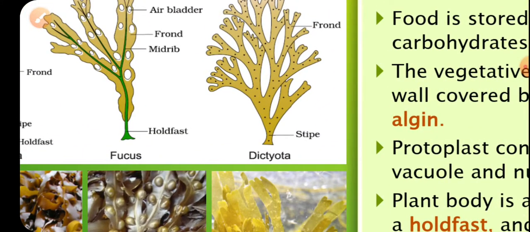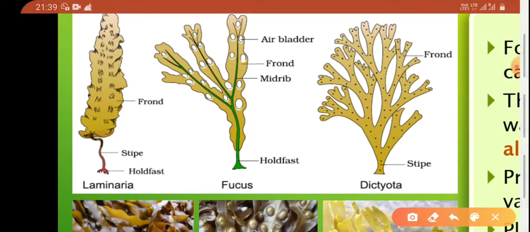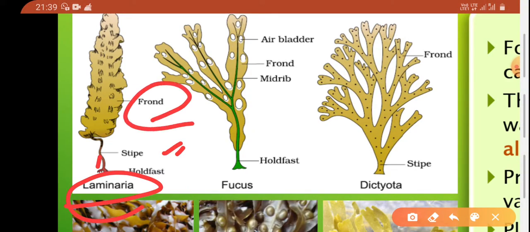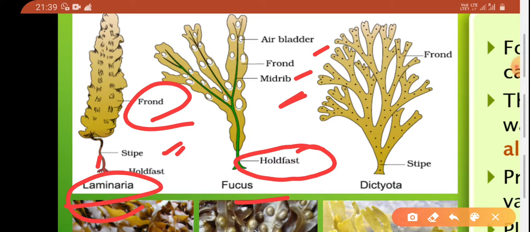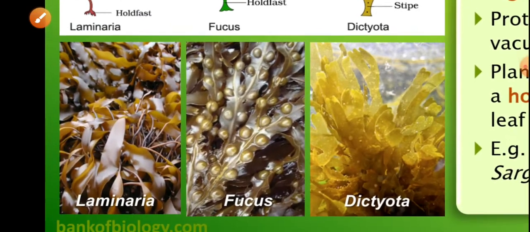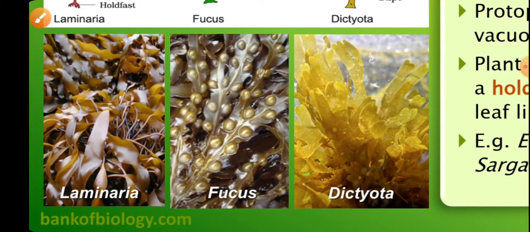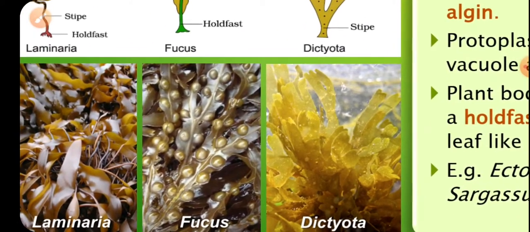With the help of this diagram, we can understand this. Laminaria, stipe is there, frond, this is holdfast, that is Fucus, midrib, air bladder, frond, stipe. You can see this.